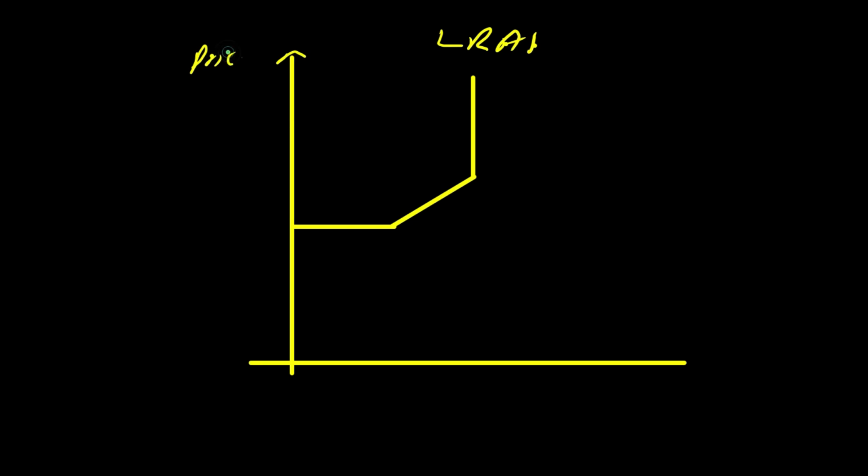So we have price level on the y-axis, and real GDP, or real output, on the x-axis, and this is the origin point. Let's say initially the aggregate demand curve was at this point.